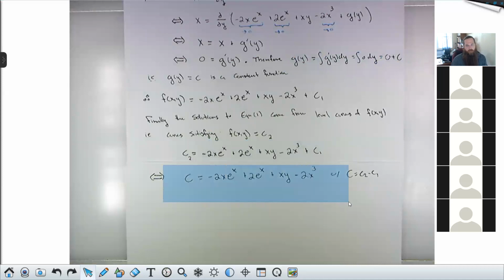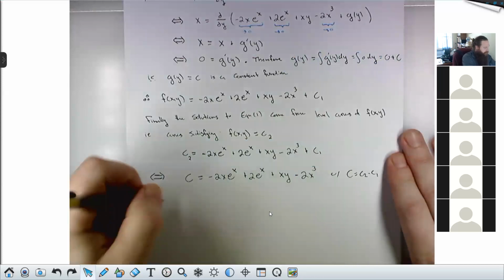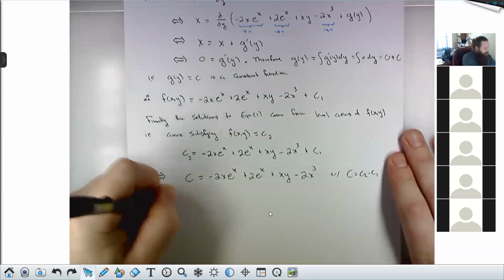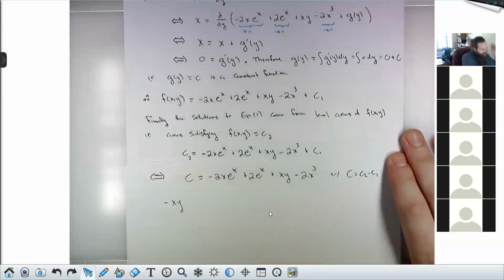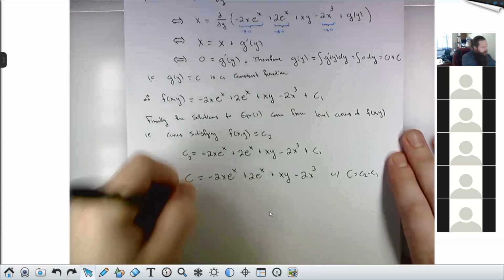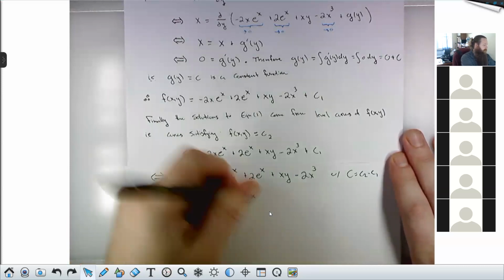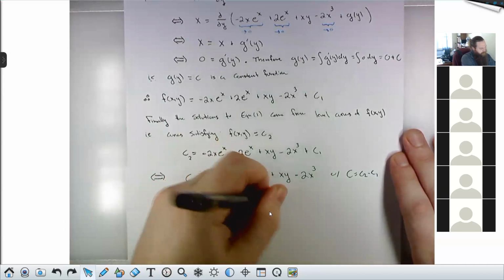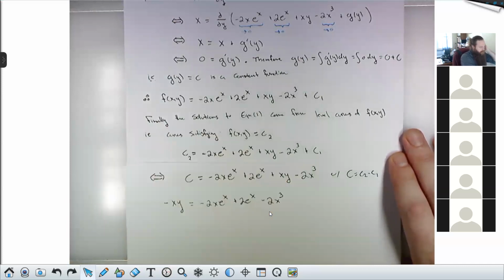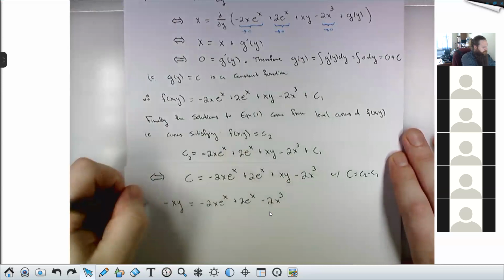So finally, from here, if you just want the implicit expression for the solutions, you can stop. But we're in that rare case where we can actually solve for y, so let's do it. This is the same as saying negative xy is equal to negative 2x e to the x plus 2 e to the x minus 2x cubed, and then dividing through by negative x.